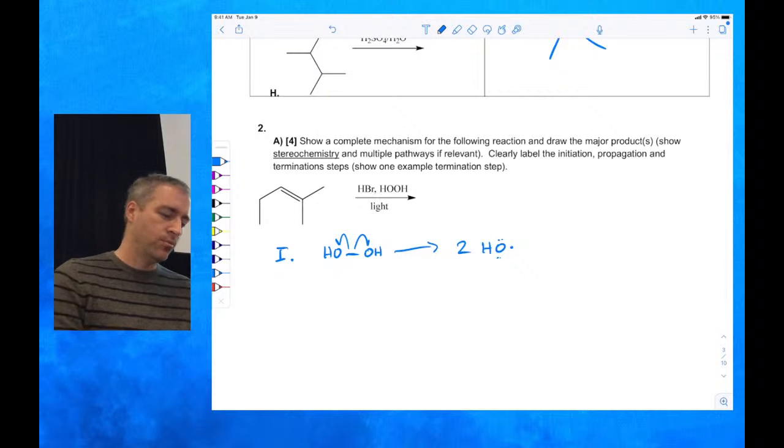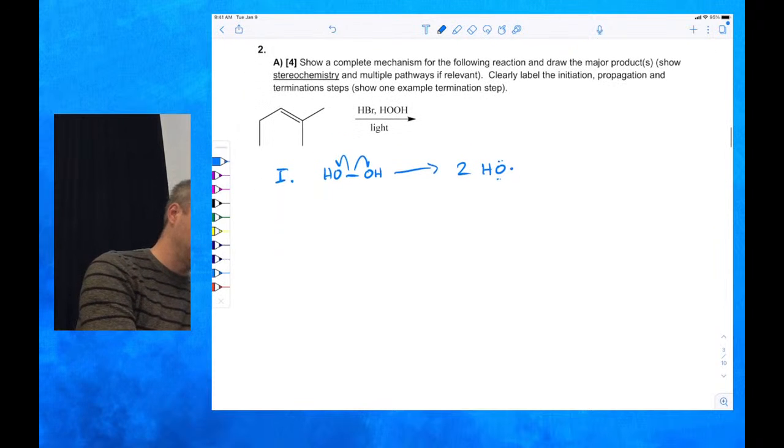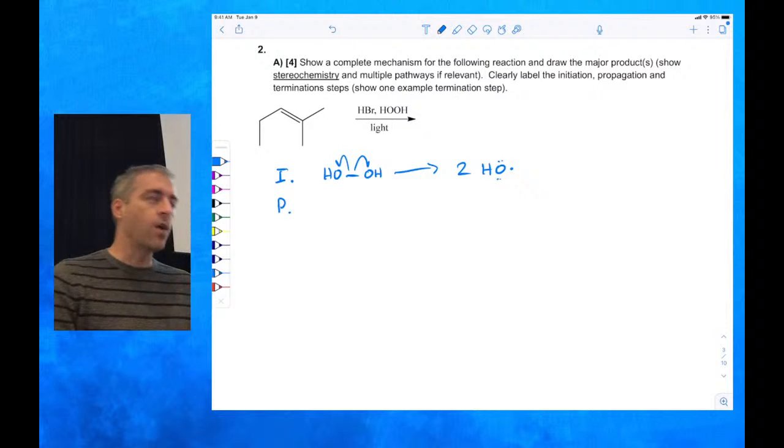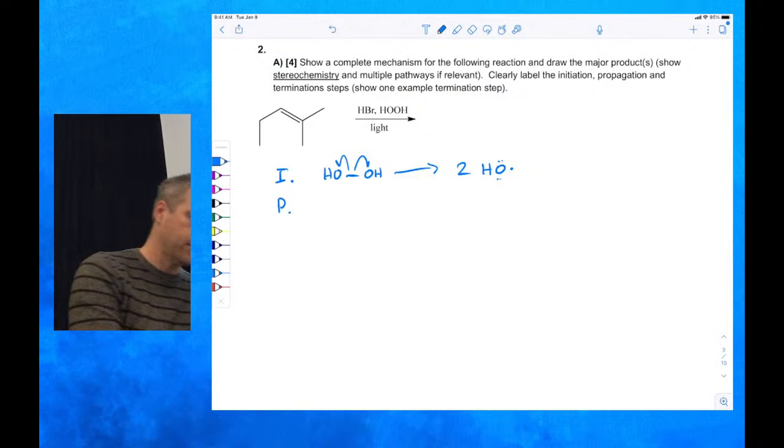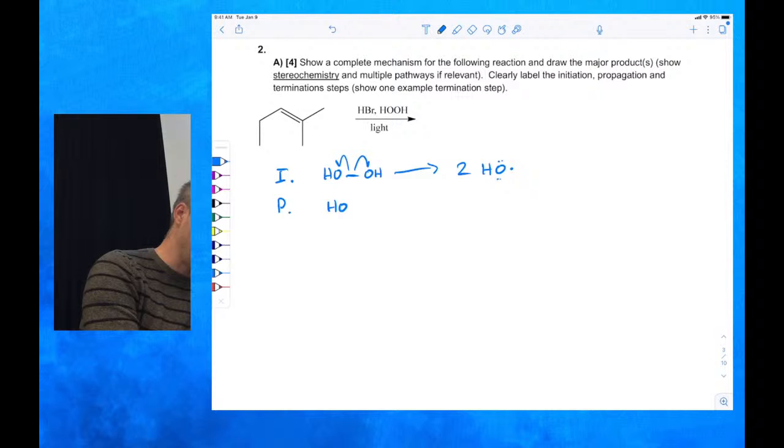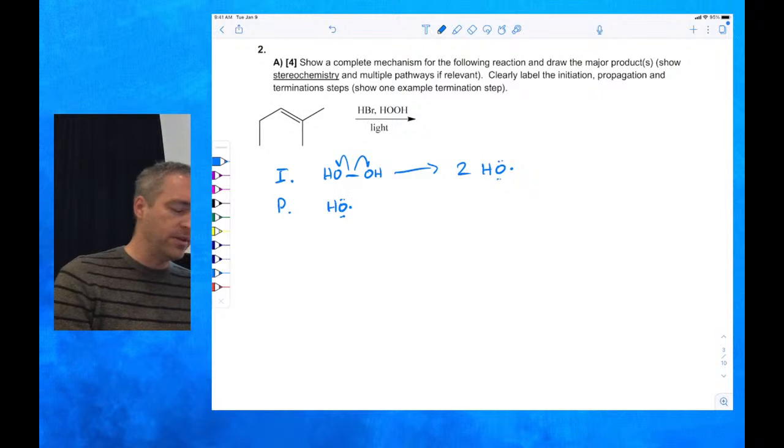Propagation steps are ones where you start with radicals and end with radicals. So we're going to use the hydroxyl radical we created in the previous step.